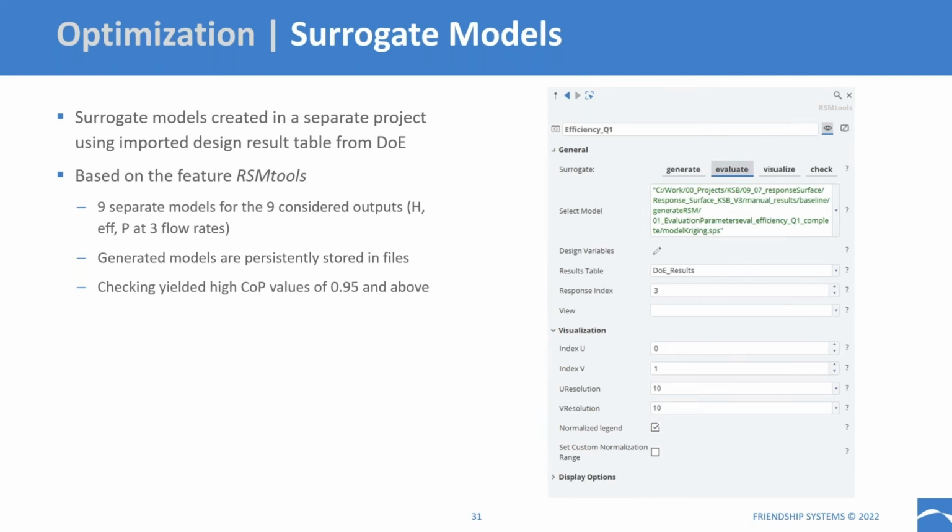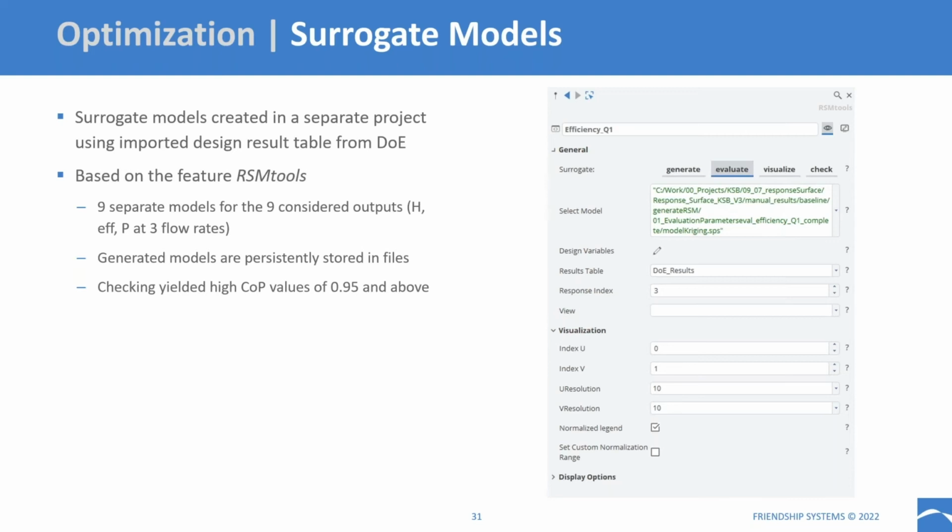It has a few different things you can do. As you can see in the interface here, you can generate the surrogate model based on a certain database, which is this result table that we imported. You can use different ways of generating it. We use a kriging model in this case.